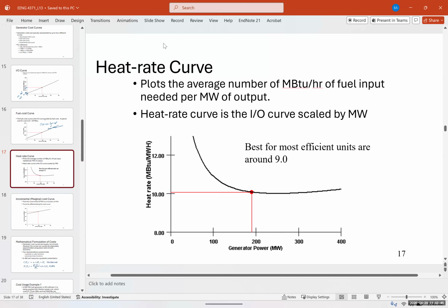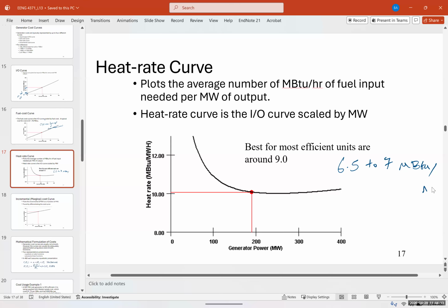The best modern combined cycle plants have a heat rate of around 6.5 to 7 MBTU per megawatt hour.